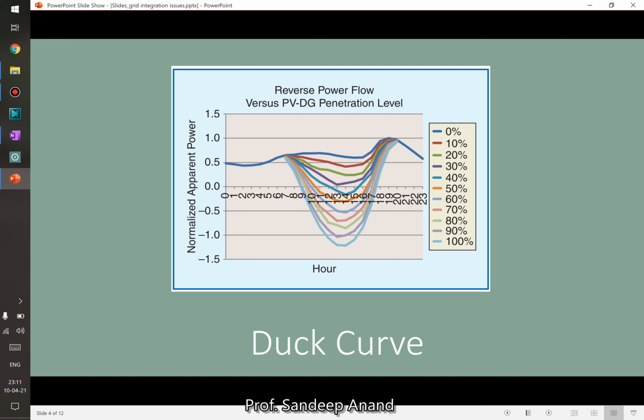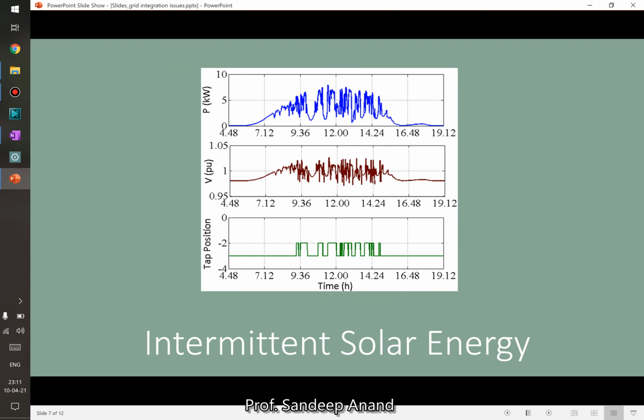I'll give you an example. If you see this picture, the first graph shows the power produced by one of the solar plants. This particular plant is located at IIT Kanpur, and the y-axis shows the power, and the x-axis shows the time at which that power is produced.